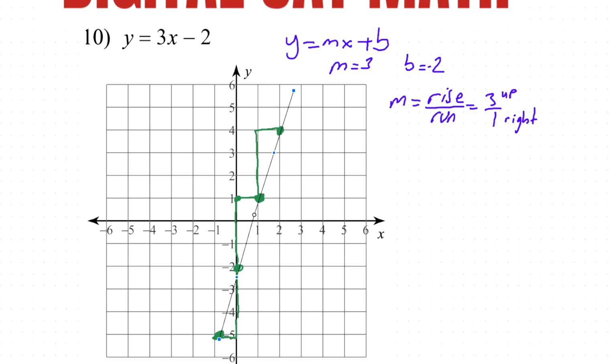No, we just wanted a straight line. Yeah. It is the graph of this equation.